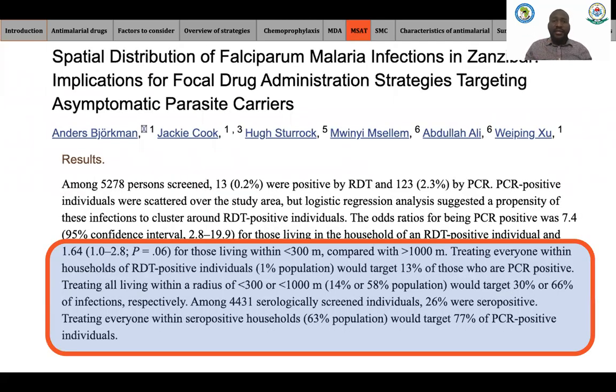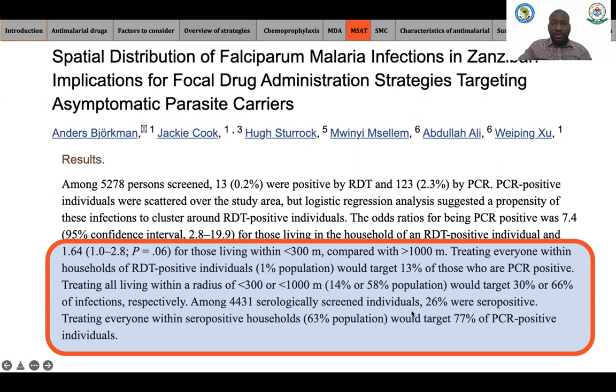This is another study by Anders Björkman, again a case of Zanzibar, to show the spatial distribution of malaria infection in Zanzibar and the implication of focal drug administration strategies for asymptomatic carriers.